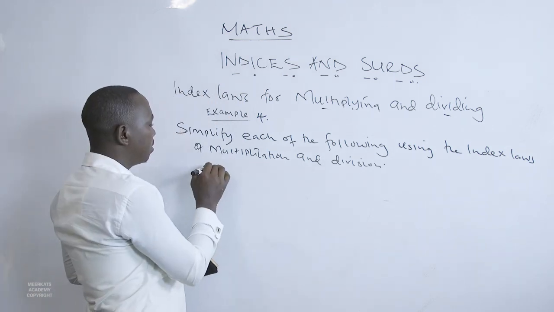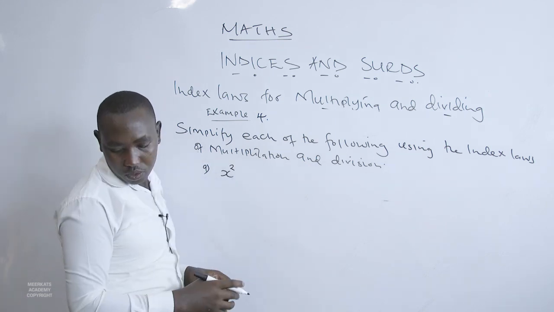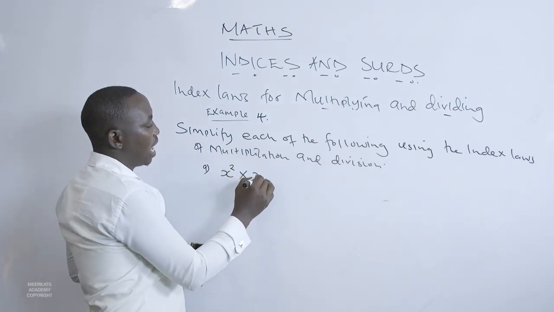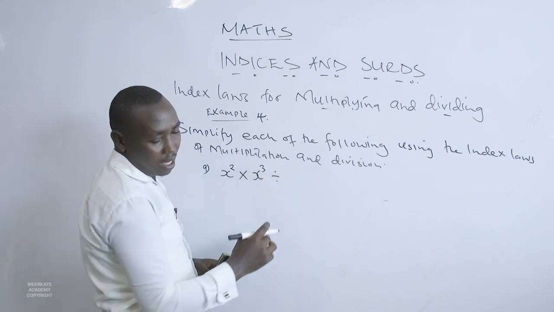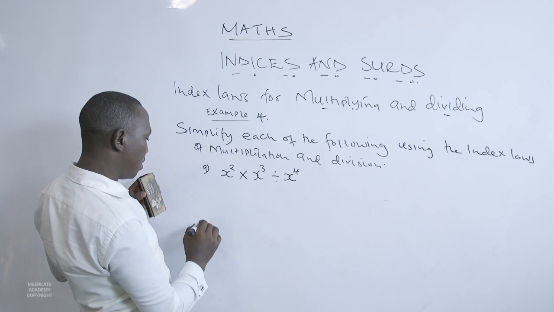Number 1, we have x power 2 multiplied by x power 3 divided by x power 4.